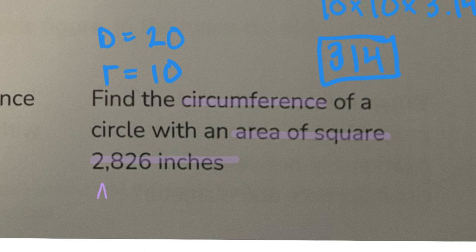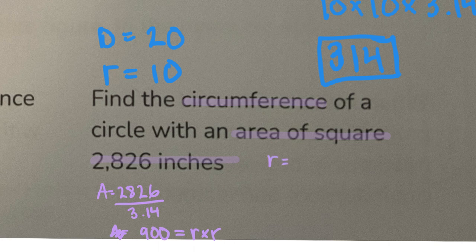But we've got here, our area is 2,826. We're going to divide by pi, and that's going to give me 900. That 900 is my radius times my radius. So we need to think about what number times itself is 900. Well, 3 times 3 is 9. So that's how we get the 9. And then it's going to be 30.